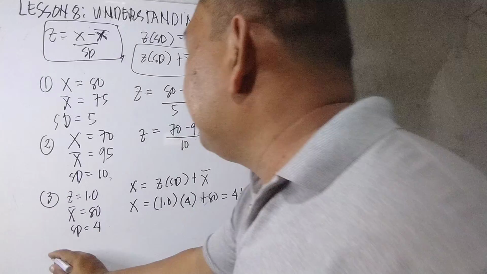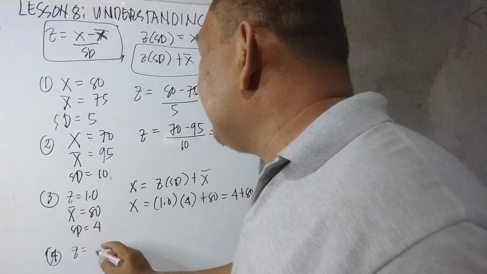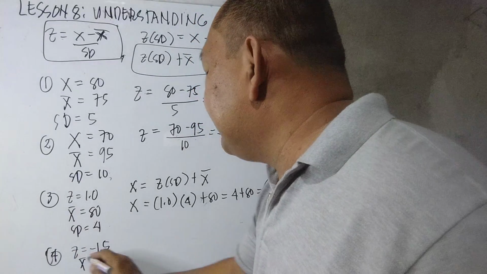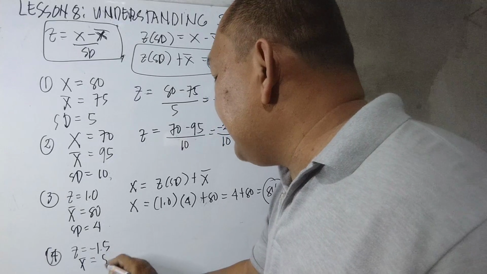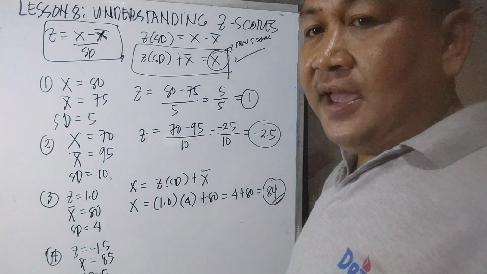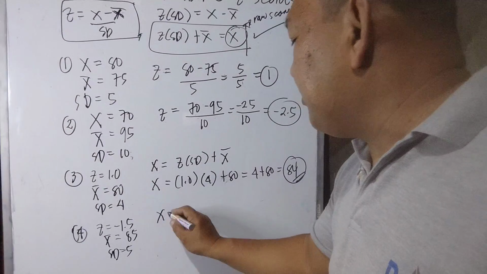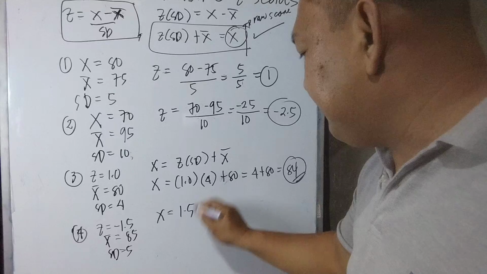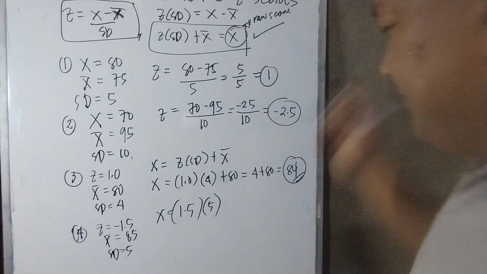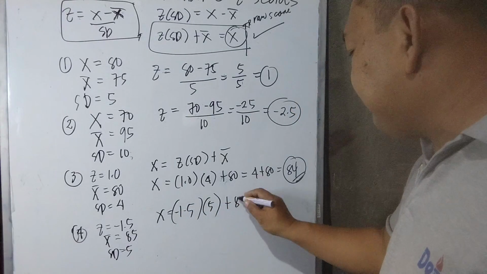Okay, another example. Say we have the z score is negative 1.5. The mean score is 85, and the standard deviation is 5. So raw score is equal to z, negative 1.5, times 5 plus 85.